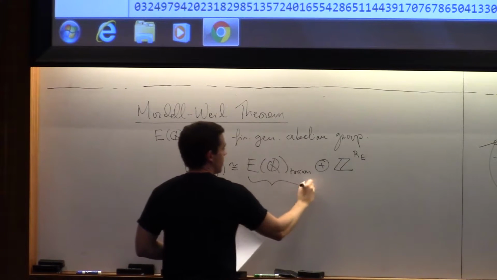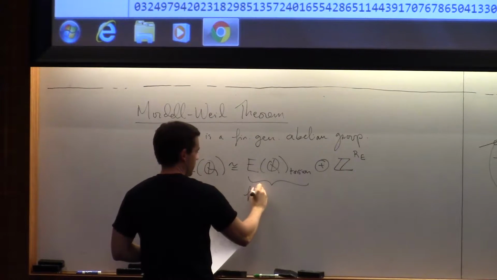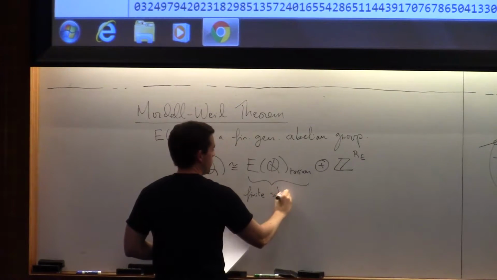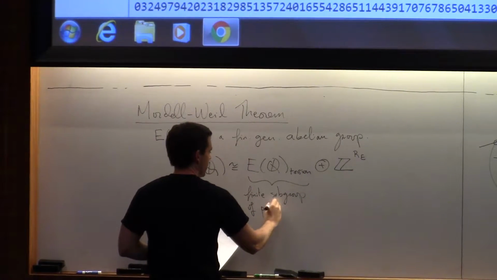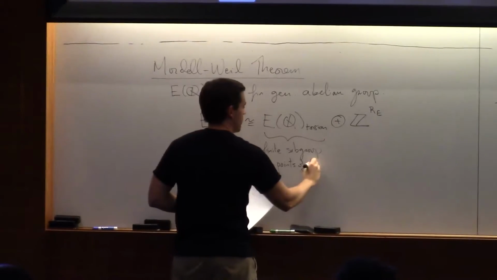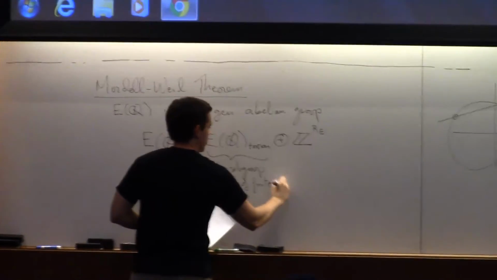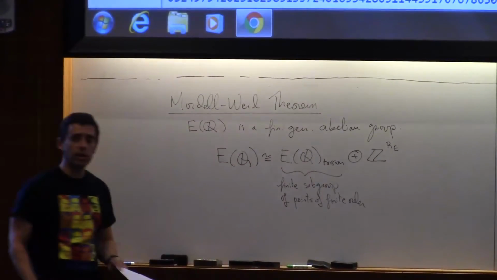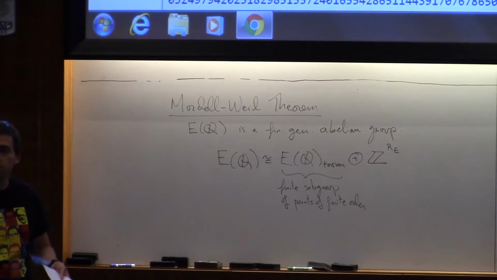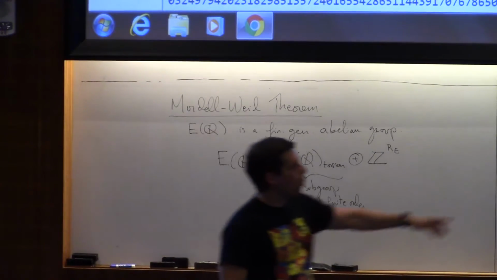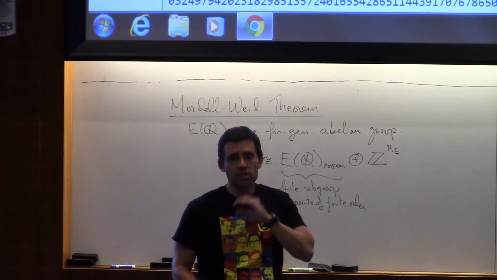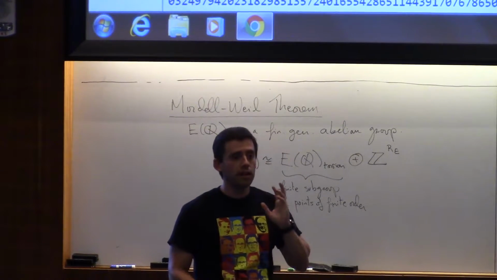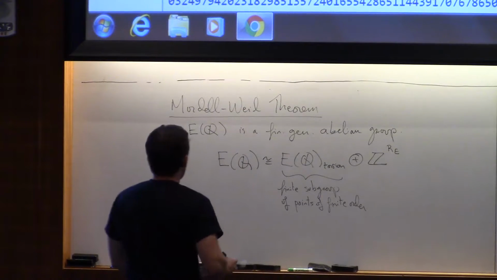This is a finite subgroup of points of finite order. So for an elliptic curve, there are only finitely many points of finite order. For y squared equals x cubed minus 2, there are none. Only 0, which has order 1, is of finite order.